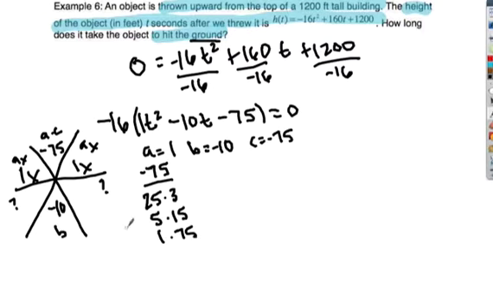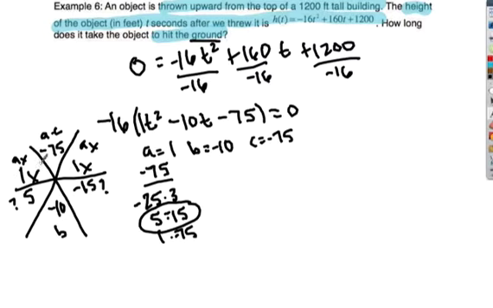I need to multiply to get a negative and add to get a negative, so each pair of factors needs to have one negative number. Since my b is negative 10, my bigger number needs to be negative. So negative 25, negative 15, and negative 75. The only pair that will add to give me negative 10 is 5 and negative 15.